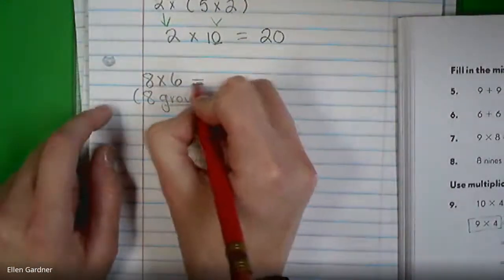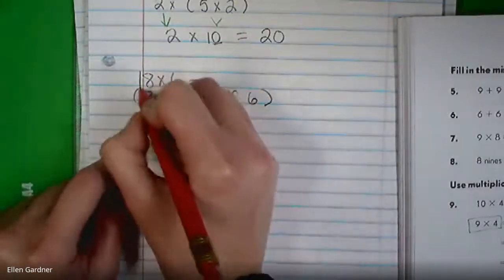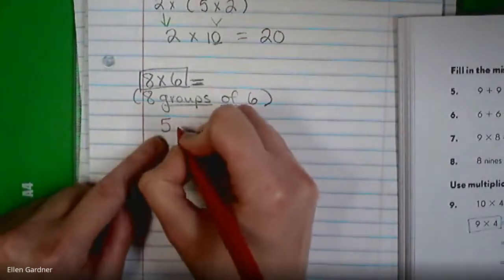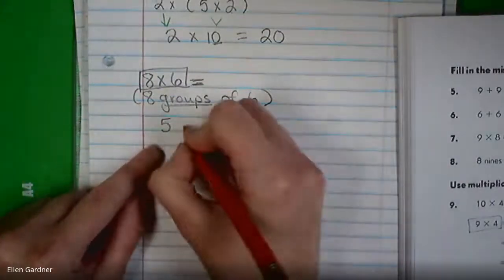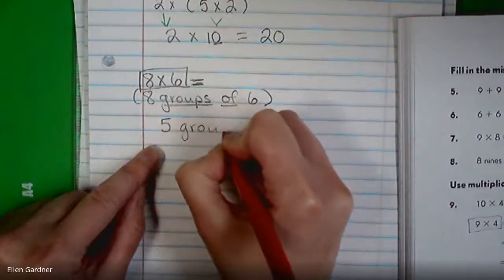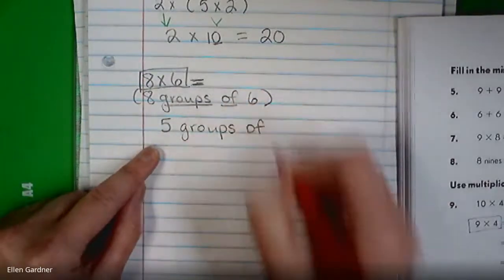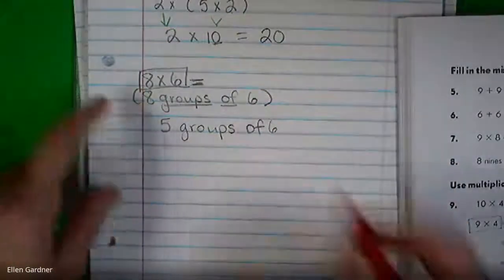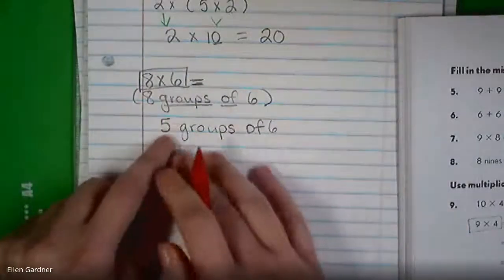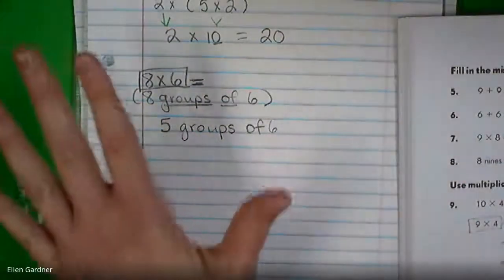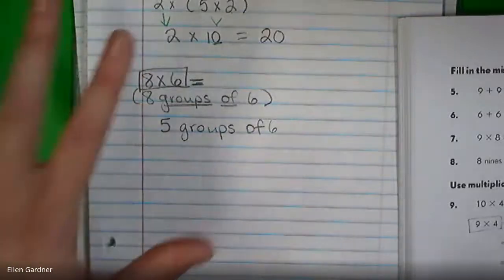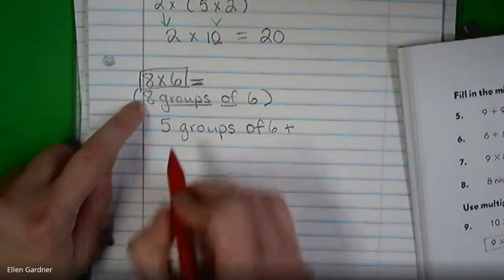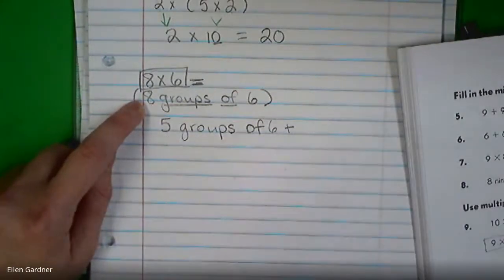One way to solve this would be to think of 5 groups of 6. Okay, so if we're thinking of 8 groups of 6, we would take an easier fact like 5 groups of 6, and how many more groups do we need to add to it? To get 8 groups, we would add 5 plus how many more groups?